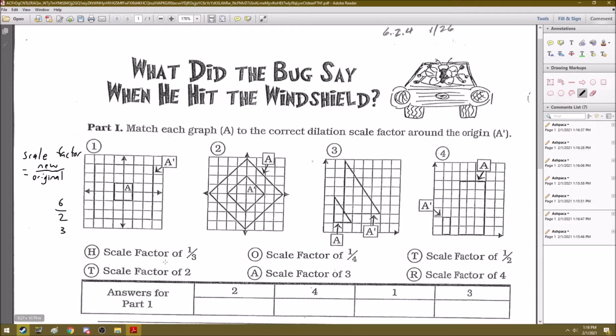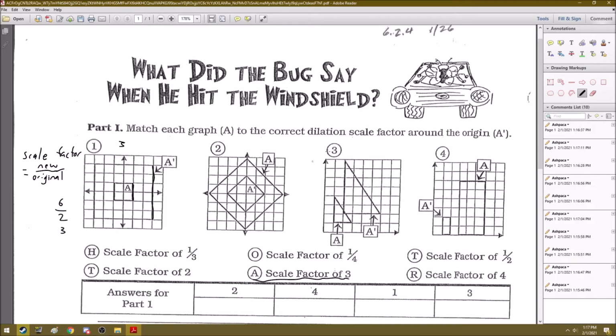So now if we look for a scale factor of 3, we see it is right here. So we compared this side on the new shape and this side on the original, and we're able to get a scale factor of 3. So I'll put 3 up here.